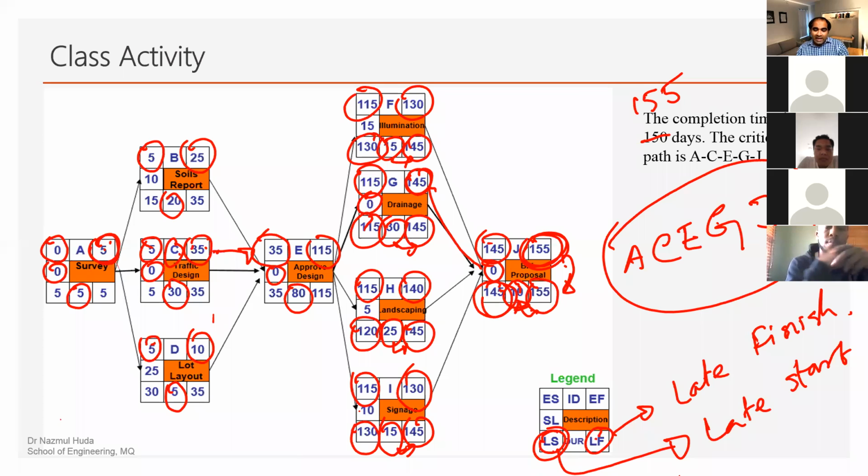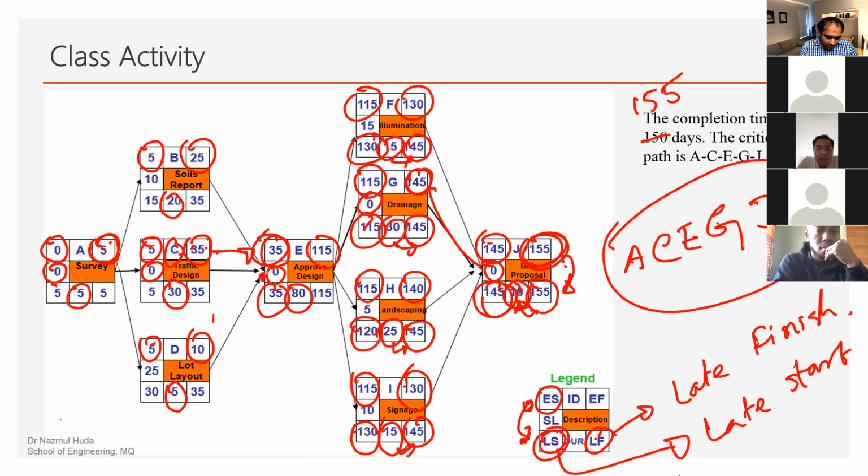And what is slack? Slack is the difference of early start and late start. So if you subtract this, you can see the slack 0, 0. You can see the slack here. 35, 35.